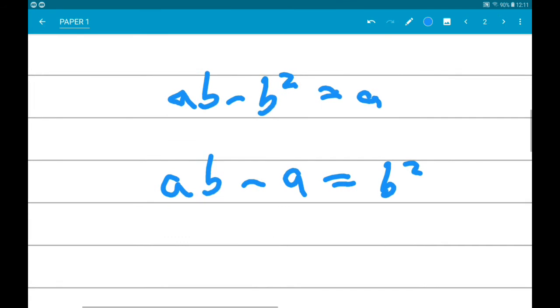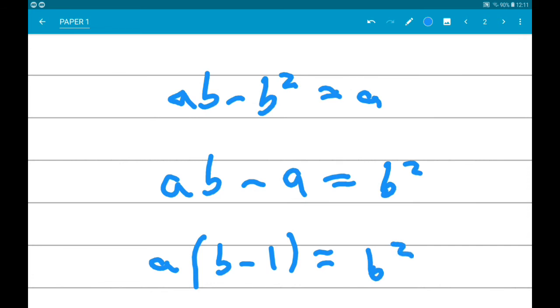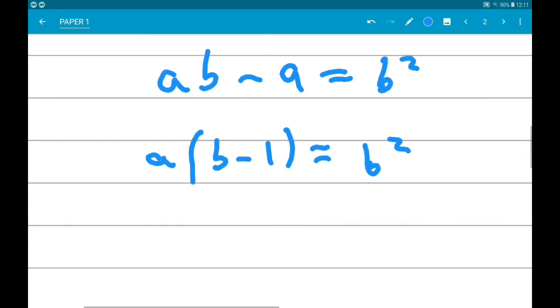So we get A times B minus 1 is equal to B squared. And then divide through by B minus 1.